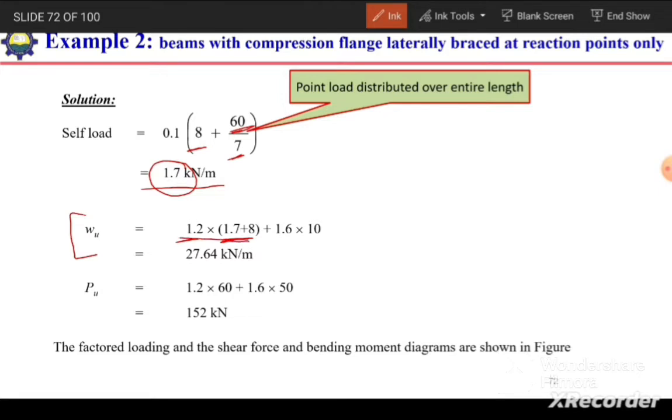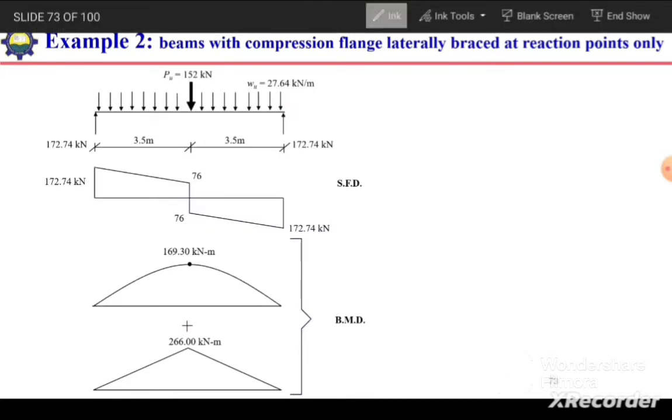So 1.2 times dead load and 1.6 times live load will give us the factored uniformly distributed load. Similarly, we need to calculate the factored point load. So it is 1.2 times 60, the superimposed dead load, plus 1.6 times superimposed live load, so it is 152 kilonewton.